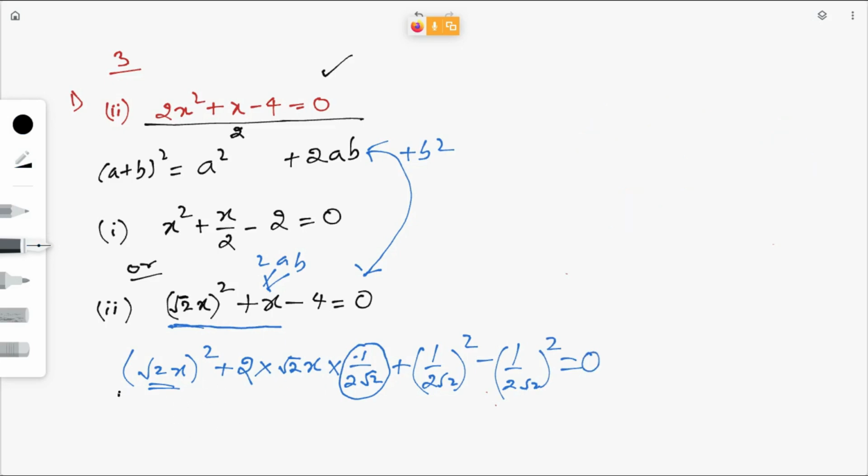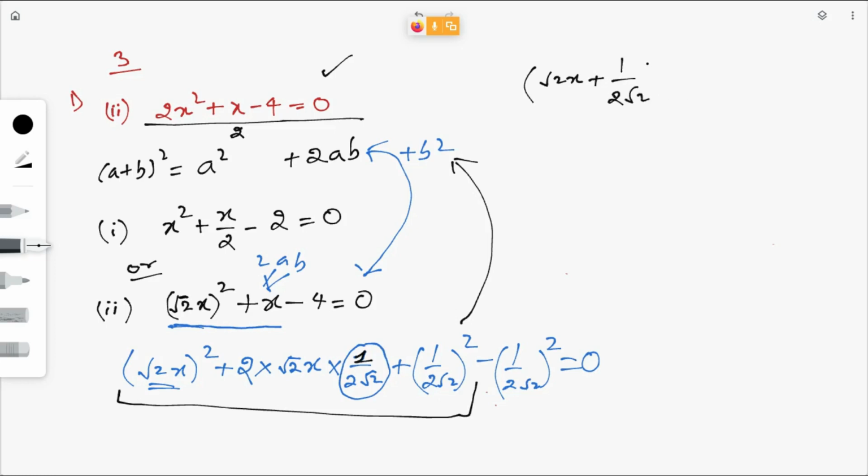So now this one is the same as a square plus 2ab plus b square. So what will you get here? What is your a? Root 2x. What is your b? This is not minus. 1/2 root 2 is your b.